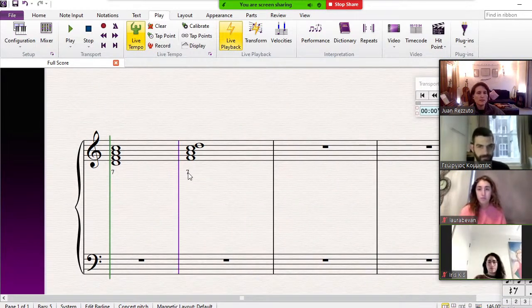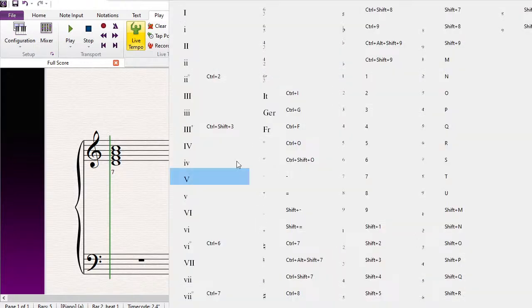Anyone knows the specific figure bass for the first inversion? Yes, Gilles? 6-5. Yes, sir. 6-5.